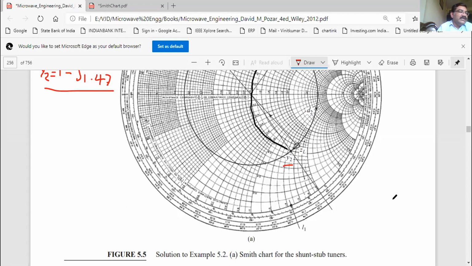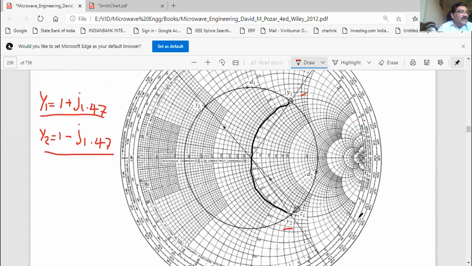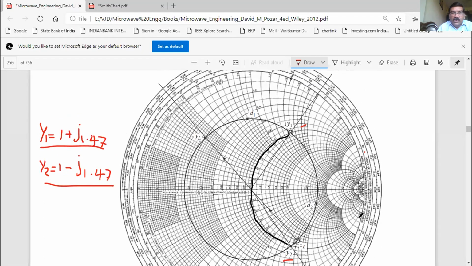So these are two things that you have to do. You just draw the line and extend it outside the Smith chart. And what you have to measure, I'll explain to you.